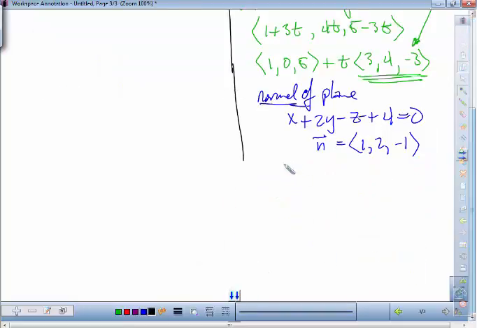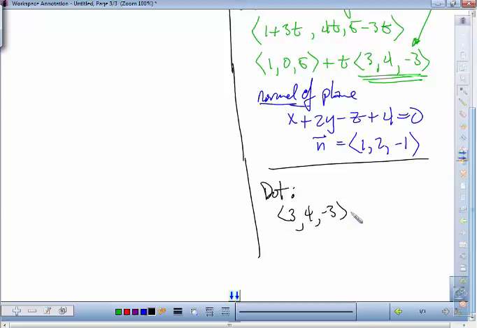So given that piece of information, we could just take the dot product of 3, 4, negative 3 with 1, 2, negative 1. And it's going to be whatever it is, but I don't think it's going to be 0. And I suppose you could double check that, but I'm pretty sure it's not equal to 0. What's the dot product equal to here? 14.